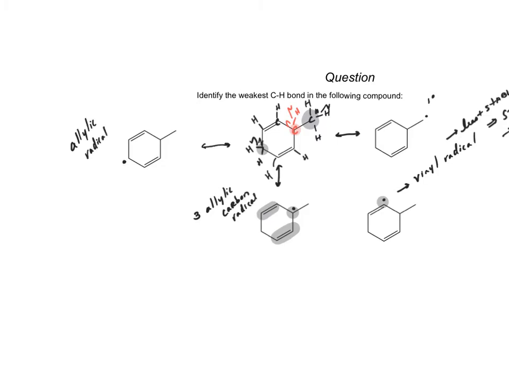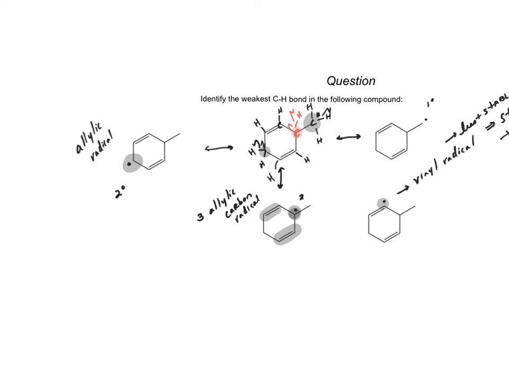So you may say, okay, well, how do I know? We've got this allylic radical versus this allylic radical. So now that whole secondary, tertiary, primary thing does come into play. This is a secondary allylic radical, whereas this guy was a tertiary allylic radical, okay? So because tertiary is more stable than secondary, the tertiary allylic radical is the most stable.